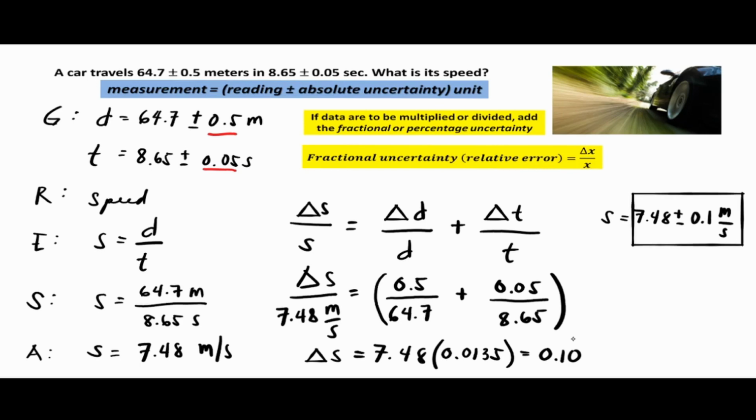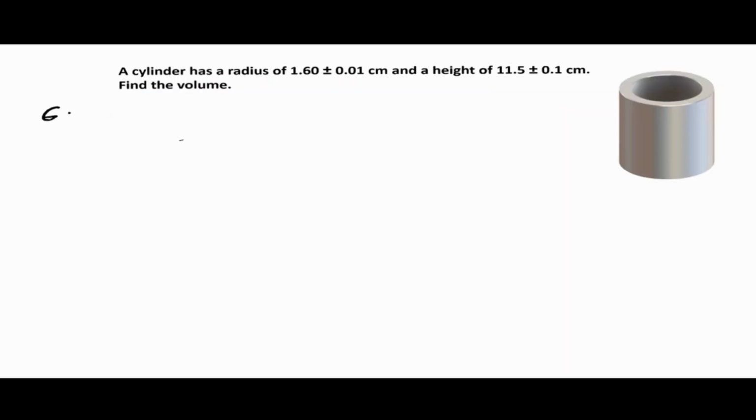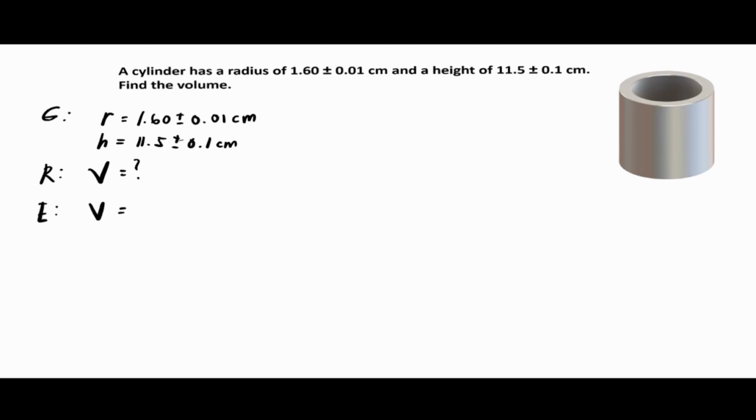For our last problem, a cylinder has a radius of 1.60 plus minus 0.01 centimeter and a height of 11.5 plus minus 0.1 centimeter. Find the volume of our cylinder. Of course, with a given uncertainty, we solve for the volume of a cylinder using the equation volume is equal to pi times the square of our radius times the height.